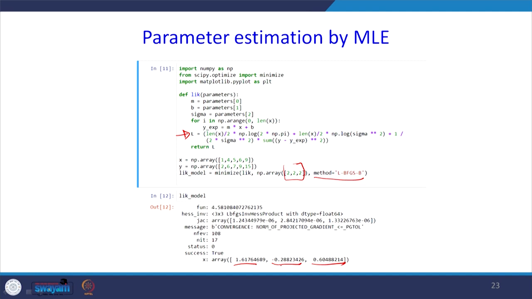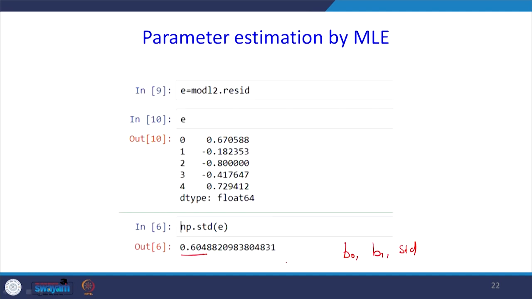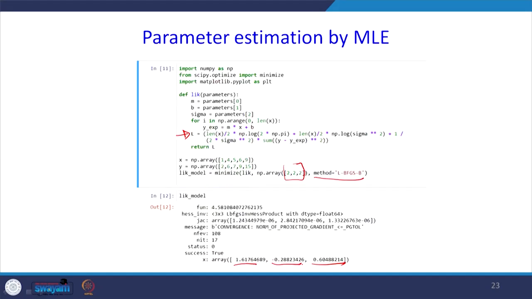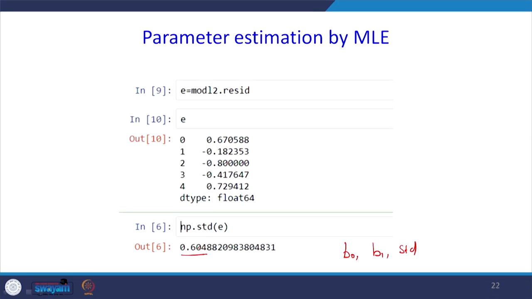The y intercept is minus 0.288, and the standard deviation of the error term is 0.604. Here also this value is the same. The point we are learning here is that the same problem can be done with the least square estimation method and the maximum likelihood method. In both ways you will get the same answer.